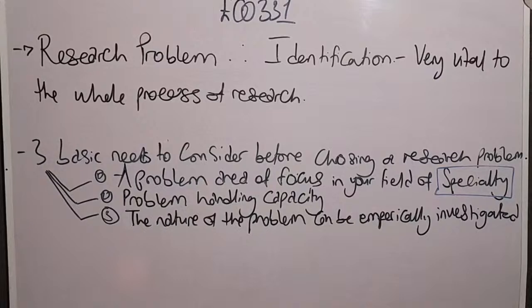In like manner, research problems have various avenues through which they could be located or identified. It therefore becomes expedient, very important, to discuss the various avenues of locating or identifying your research problem.